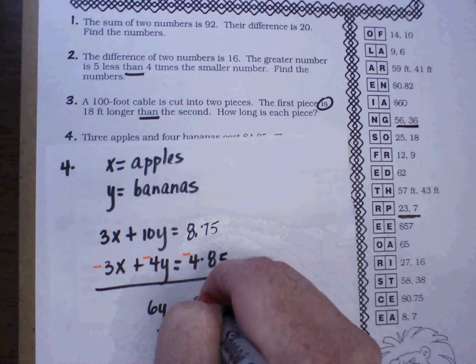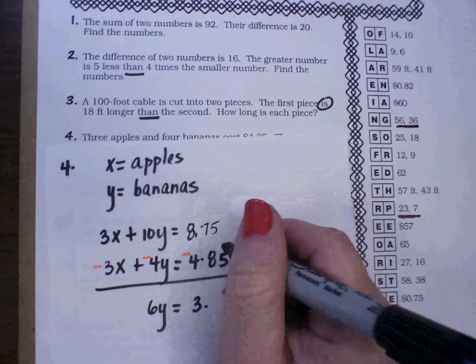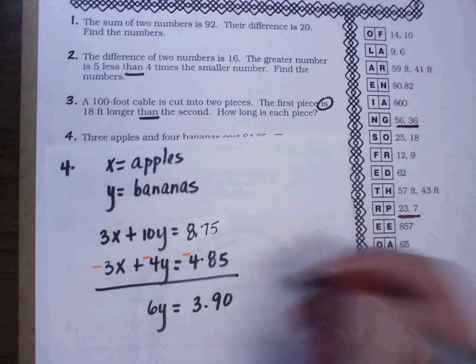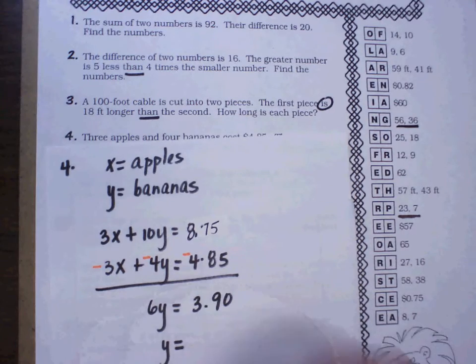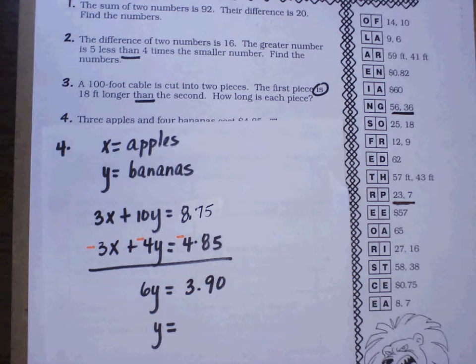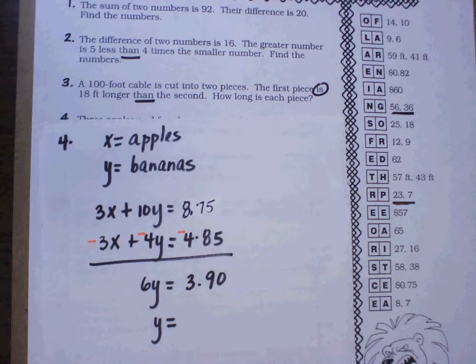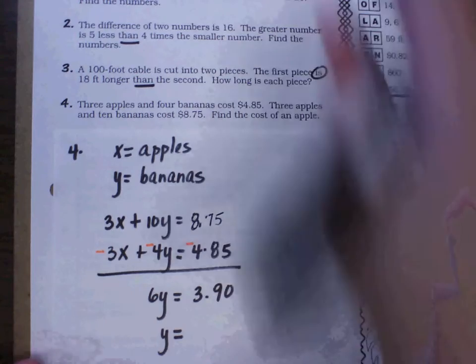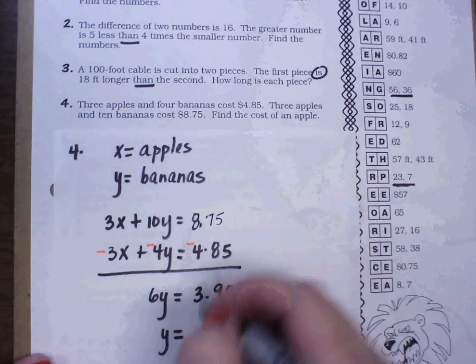3.9? So $3.90? Okay. And then I gotta divide that by 6. $1.65? So 65 cents?